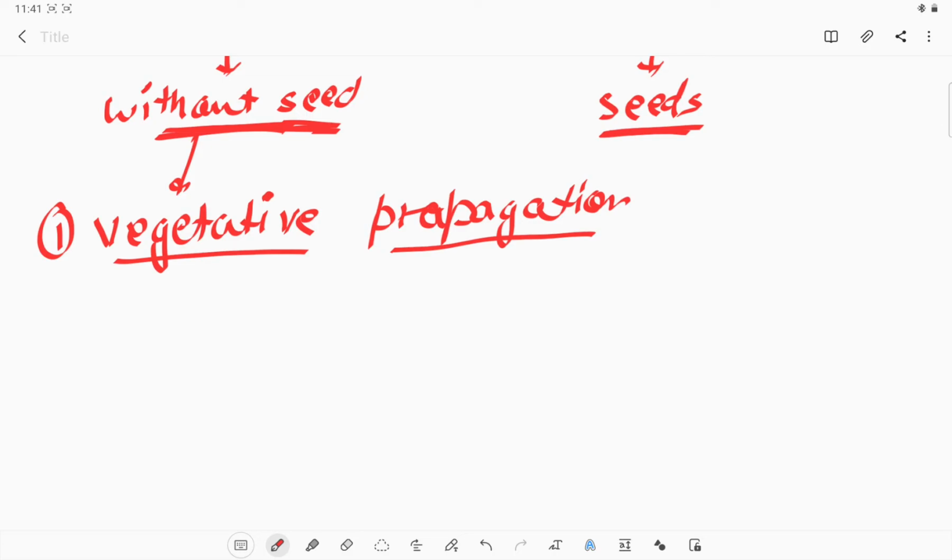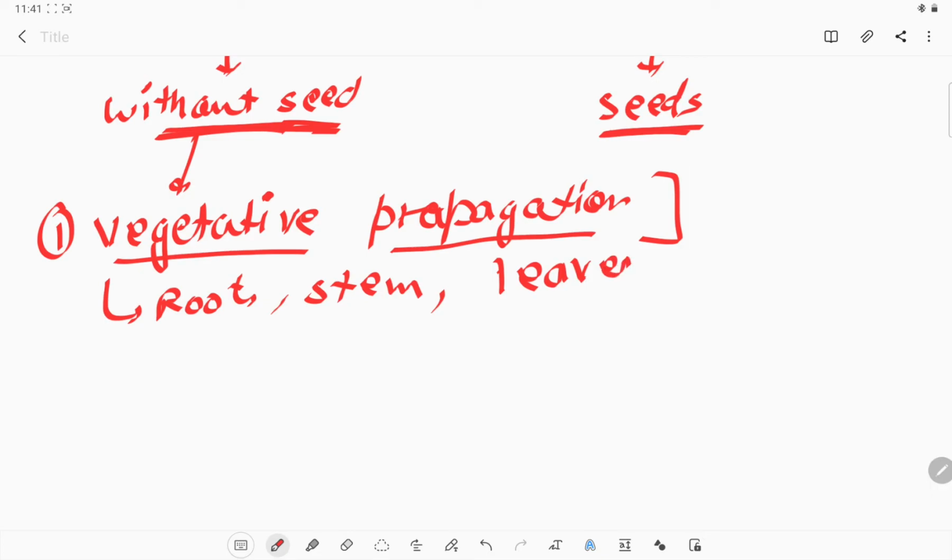Mostly in this we require the vegetative parts of our plant. What are the vegetative parts? These are the roots, stems, leaves or buds. If we are getting a plant from any of these portions, then this is vegetative propagation.